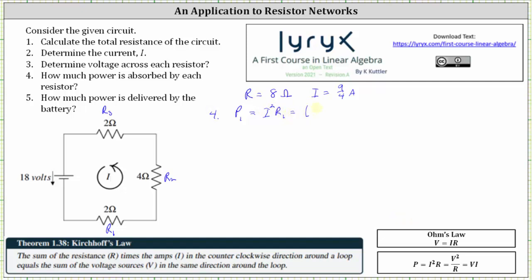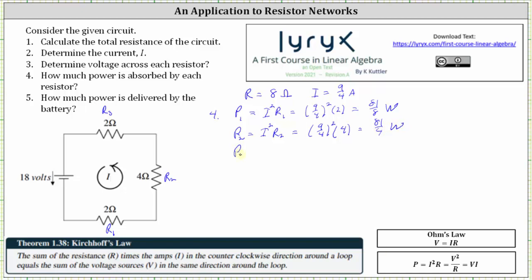Well, I squared is equal to the square of 9/4 amps, and then R sub 1 is 2 ohms. The square of 9/4 is equal to 81/16 times 2 is 81/8, and the units here would be watts. P sub 2 is equal to I squared times R sub 2, which is the square of 9/4 times 4, which gives us 81/4 watts.